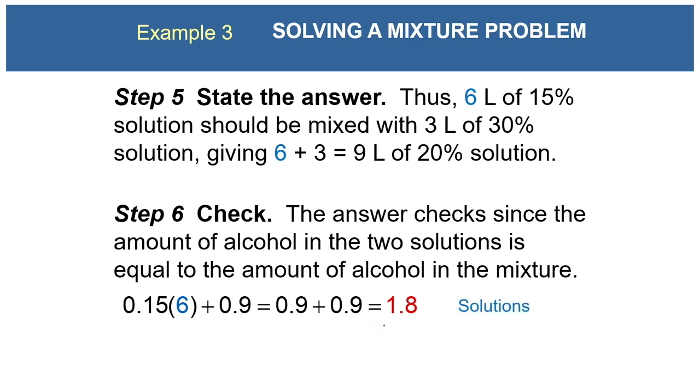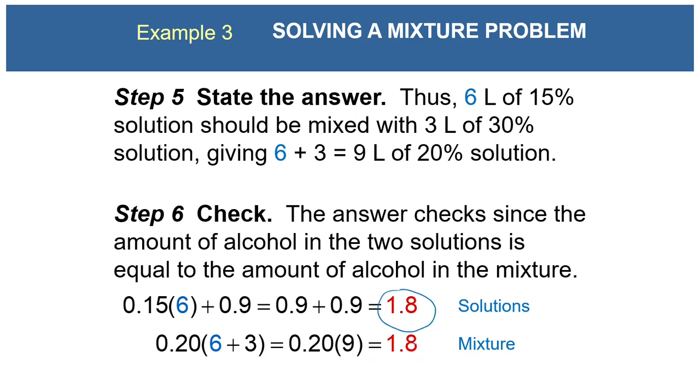Now if I plug in the 6 liters into the mixture, we have 0.20 times 6 plus 3 equals 0.20 times 9, which is also 1.8. So the amount of alcohol in the solution and the amount of alcohol in the mixture is the same. So that means we did our work correctly.